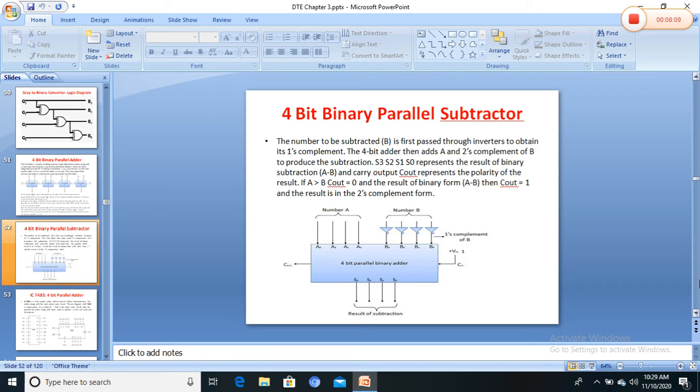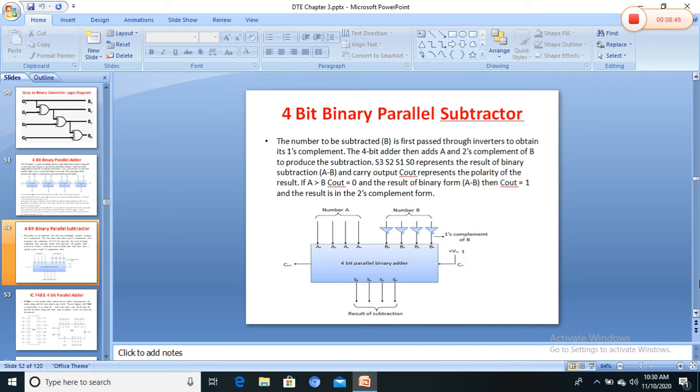Then 1 is added to the ones complement of B, and that makes the carry Cin equal to 1. Thus we obtain the 2's complement of B, and that number is added in the 4-bit adder, which adds the A number and the 2's complement of B to produce the subtraction at the sum output S3, S2, S1 and S0.